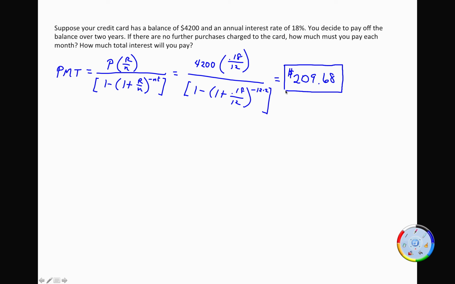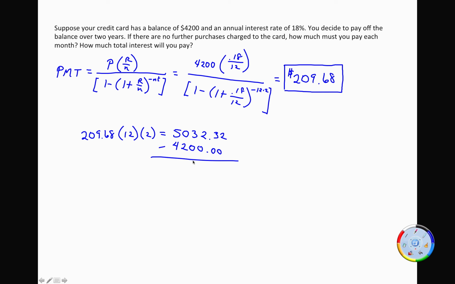Okay, how much total interest will you pay? Well, again, $209.68 paid every month for 2 years means I will have paid $5,032.32, but I only owed $4,200.